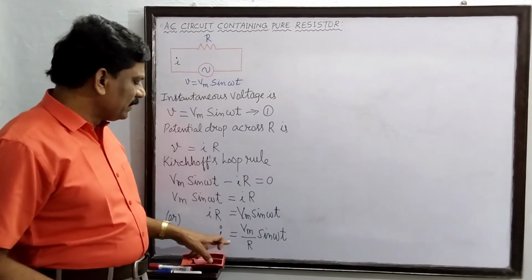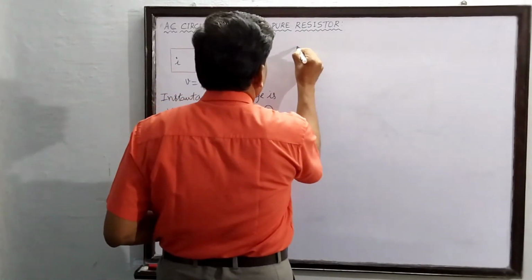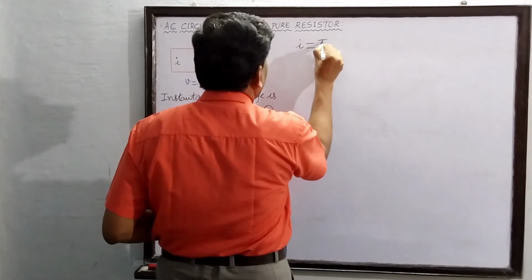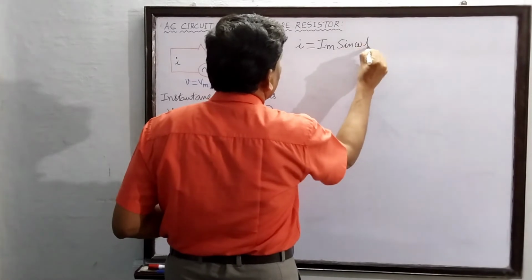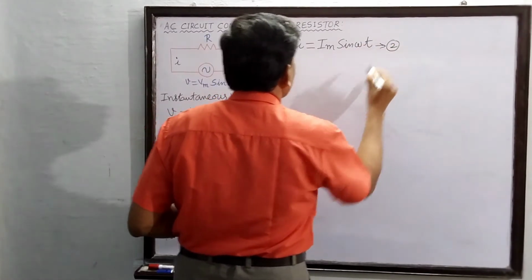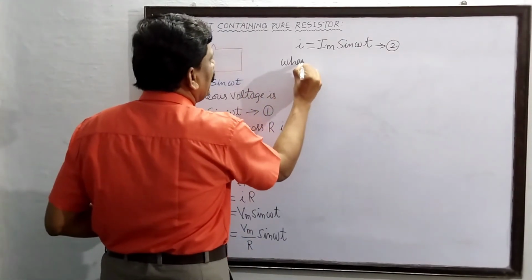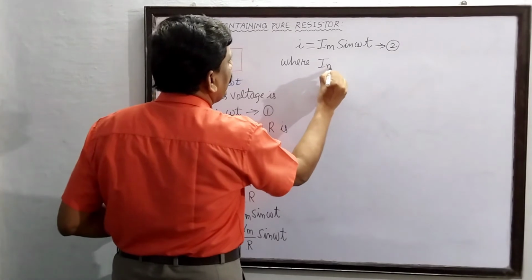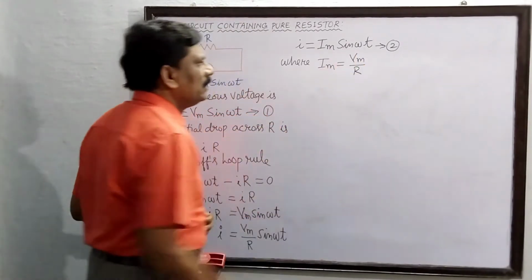So I can write the same equation as i equal to Im sine omega t. This is equation number 2, where Im is equal to Vm divided by R.